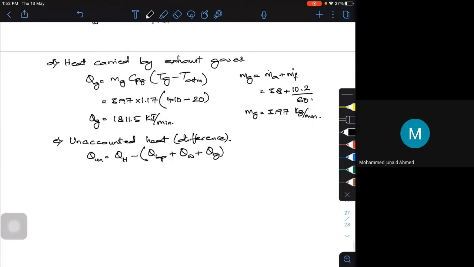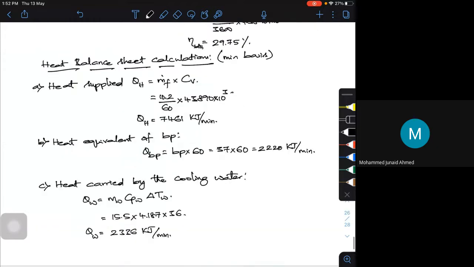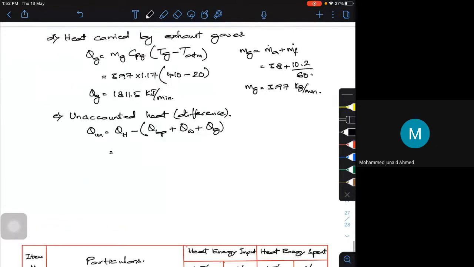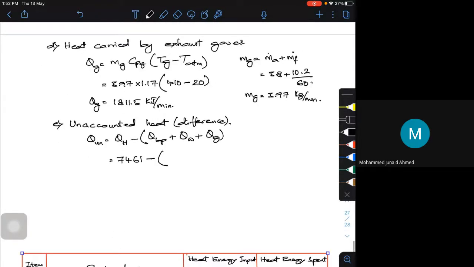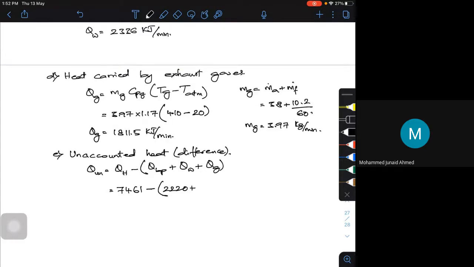Add up everything and you will get it. Heat supplied is 7461 minus heat due to BP, which is 2220, minus heat given by the water, 2336, minus 1811.5. So this is your unaccounted heat.